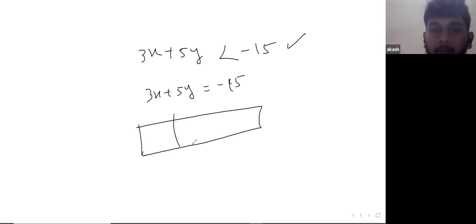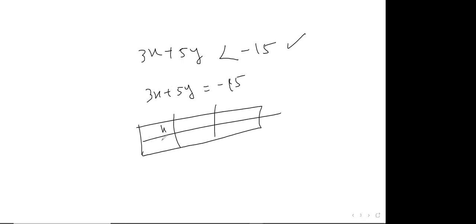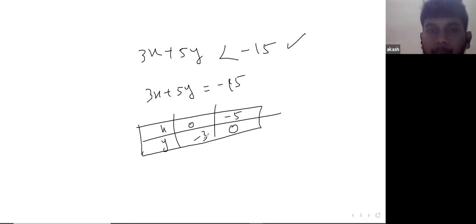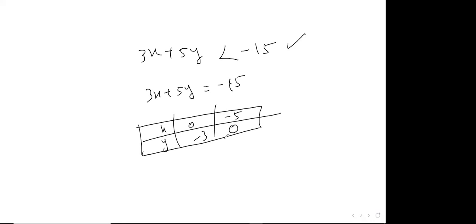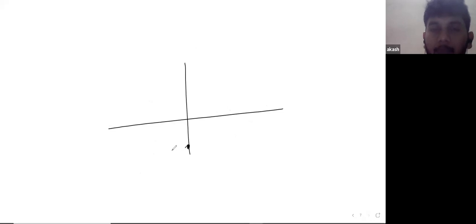Then I got the coordinates 0 comma minus 3 and minus 5 comma 0. Then I plotted those coordinates on the graph. Something like this. The graph is right. Yes, sir.